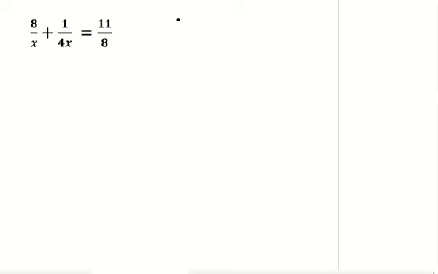So I've got 8 over x. And I think, what do I need to multiply x by to get 8x? And that's going to be 8. But I don't want to change the fraction, so I'm going to multiply by 1, which is 8 over 8. And then I'm going to do the same thing with 1 over 4x. I'm going to need to multiply that by 2 to get to 8x.